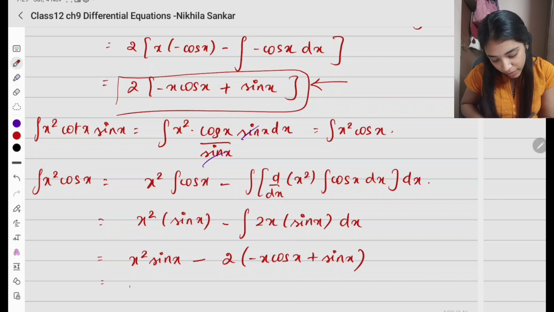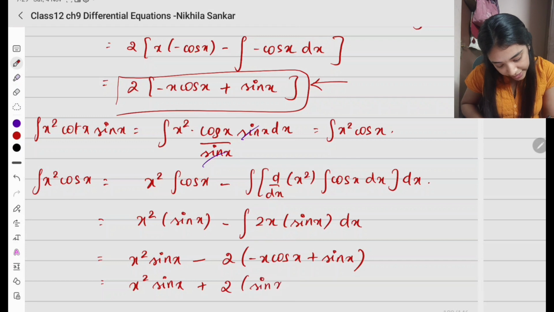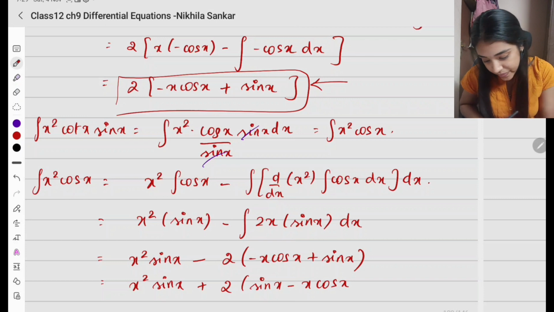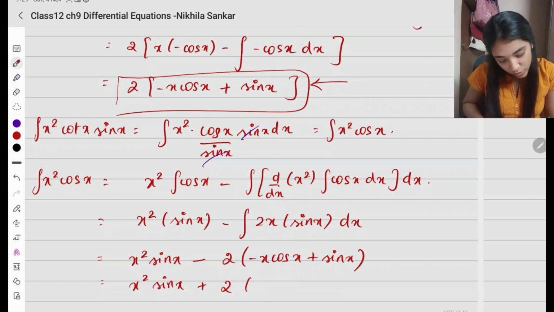Multiplying by the minus, I have x square sin x plus 2 into sin x minus x cos x.